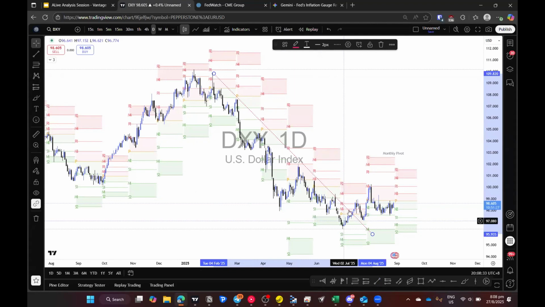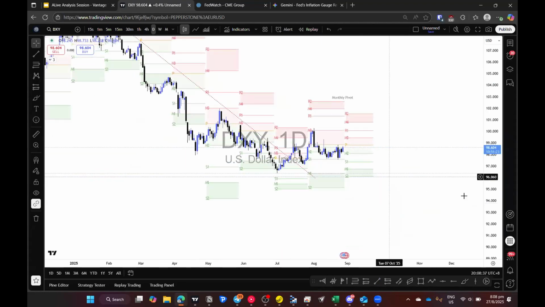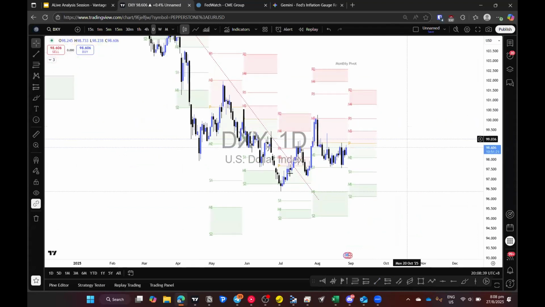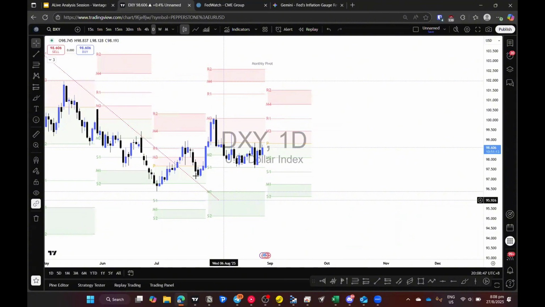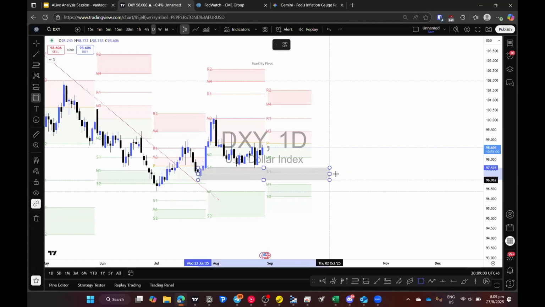Once it has broken out of this channel, what we're looking for is why the price did not make a lower low, which gives us the indication that there is going to be a strong support around this area here. As it breaks out, it did not mean that sellers are not willing to sell the dollar below this level.